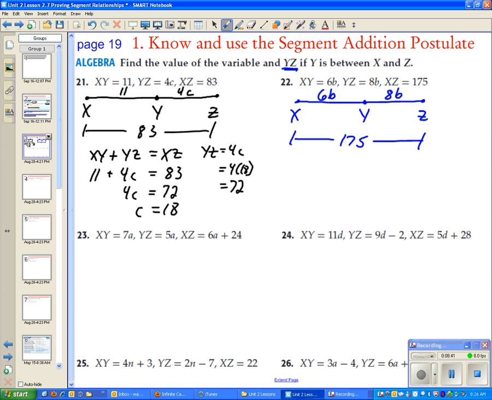So according to the segment addition postulate, since Y is between X and Z, then the length of XY, 6b, plus the length of YZ, 8b, equals the length of XZ, 175.